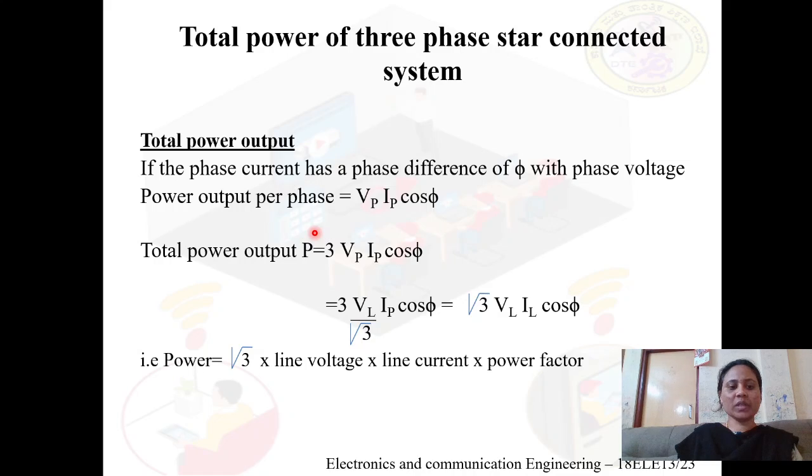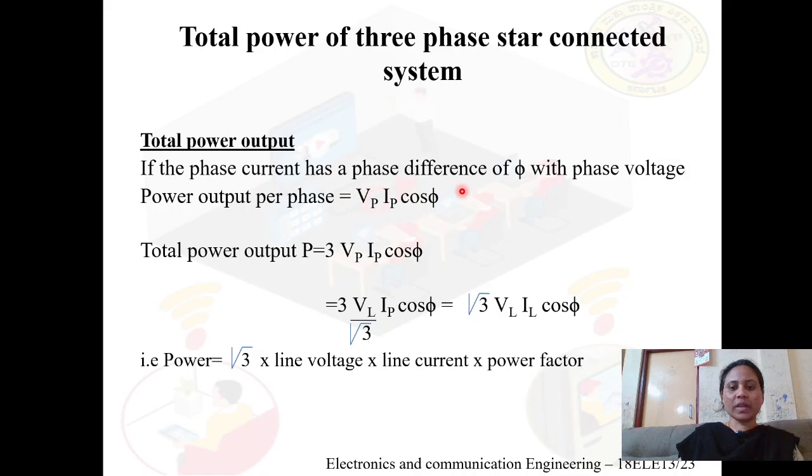The power output from each phase, let us call it Vp Ip cos phi. In a single-phase AC circuit, we know that power is equal to VI cos phi. So here, considering each phase, we will represent the power output as Vp Ip cos phi.